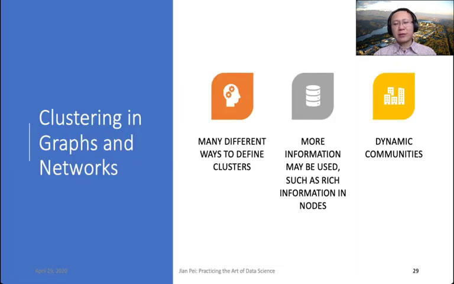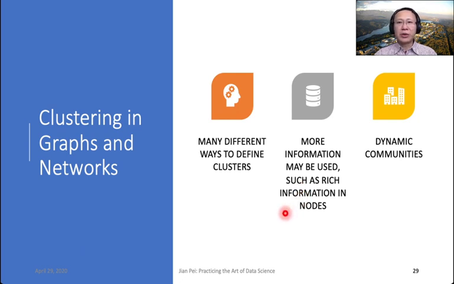Let's look at another graph mining task, clustering. Clustering is an even more interesting, more subjective and more dynamic area for graph mining. There are many different ways to define clusters, and there is more information that can be used, such as the rich information in those nodes and edges.